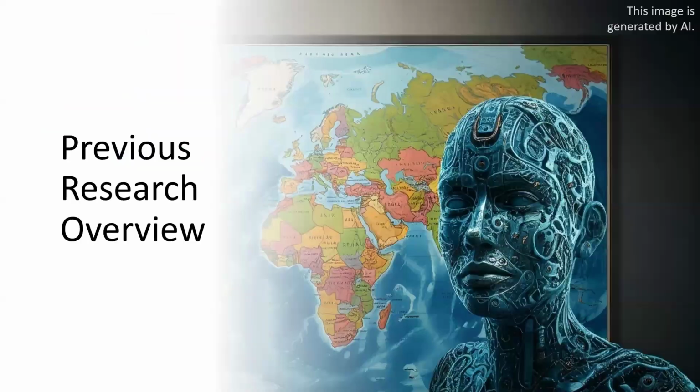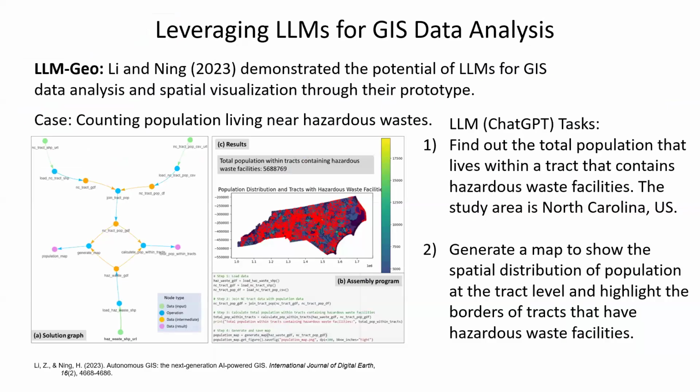Let's take a look at some of the key studies that were very important for this project. The first one is the study by Lee and Ning that explored the use of large language models for analyzing GIS data. They created a prototype called LLM-Geo that could answer complex questions about geographic relationships.